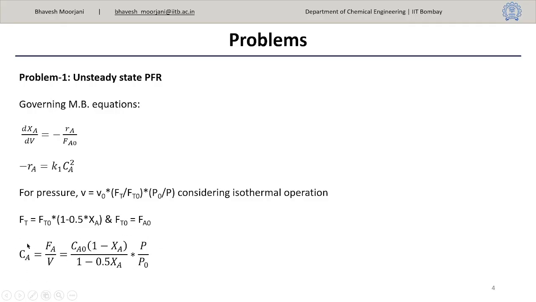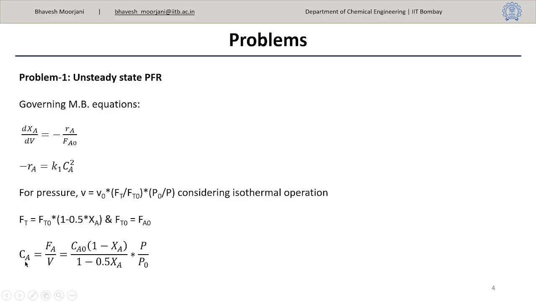Therefore, concentration Ca is given by Fa by V, where your flow rate is changing, as Ca0 times 1 minus xa divided by this f by v term, 1 minus 0.5 xa times p0 by p, right? Got it? So you substitute these two parts and you will end up with the Ca value. That's nothing but just a simple mass balance that you have to do.